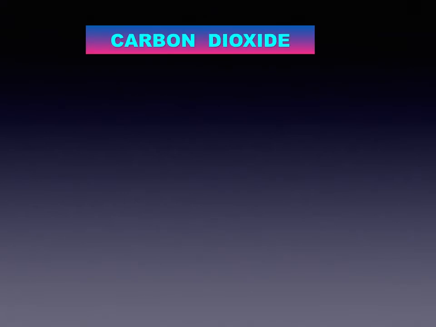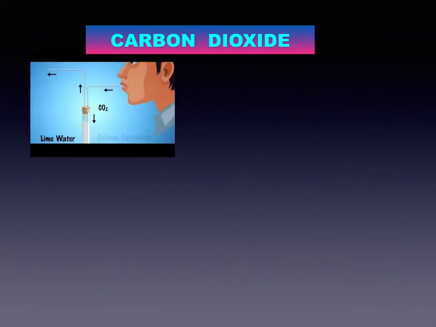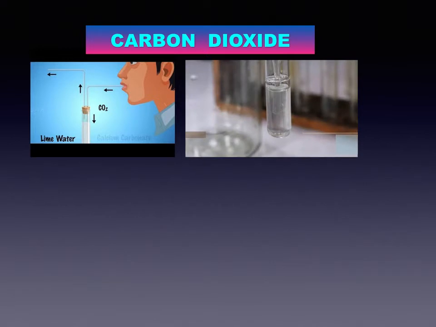Why is it so? It is because carbon dioxide reacts with calcium hydroxide solution to produce a white precipitate of calcium carbonate. Lime water is a solution of calcium hydroxide. So when carbon dioxide is bubbled or exhaled through lime water, the lime water turns milky or cloudy white.